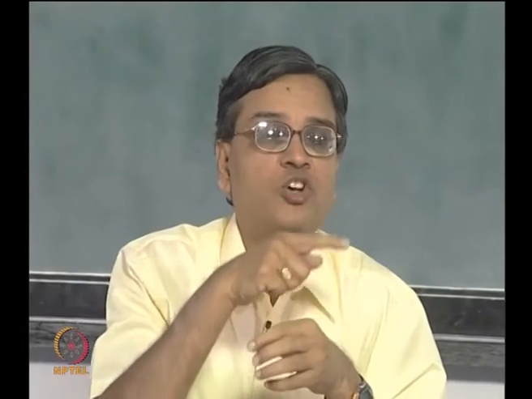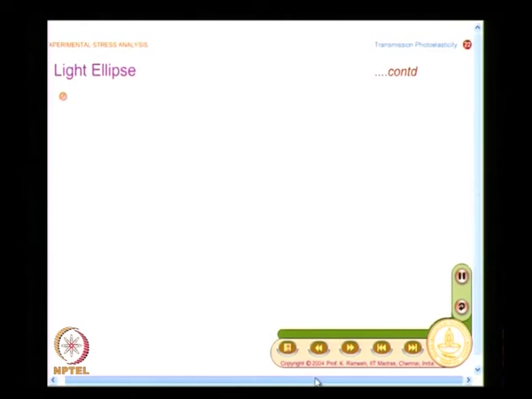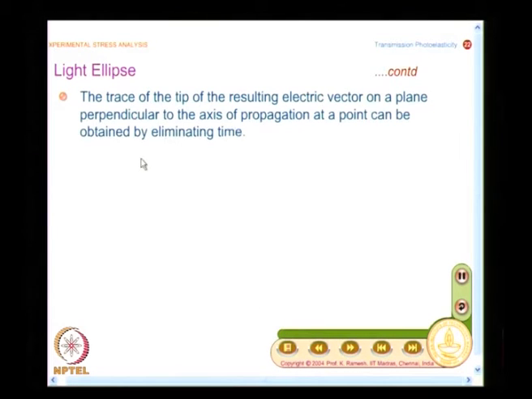My interest is the trace of the light that comes out of the crystal plate. For that, I have to eliminate time. I want the trace of the tip of the resulting electric vector on a plane perpendicular to the axis of propagation, and this can be obtained by eliminating time.